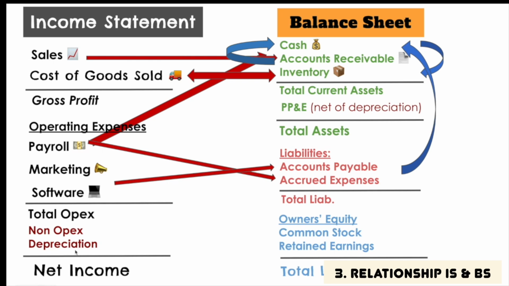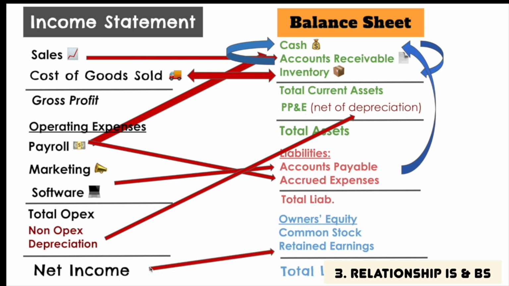So for example, a corporate office, like we said. In this case, the depreciation would be hitting this non-OPEX account, and then the other side on the balance sheet is going to be a contra property, plant and equipment account. That's going to be a negative account netting out and reducing the balance on your property, plant and equipment. Then finally, you have net income.